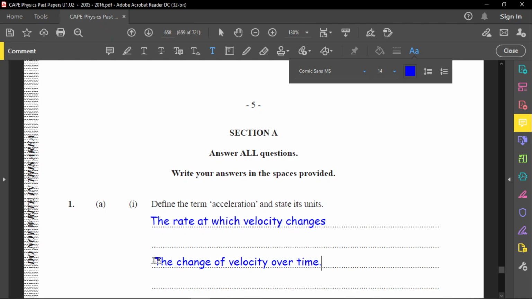Or you can say the rate of change of velocity generally, or simply the change of velocity divided by time.